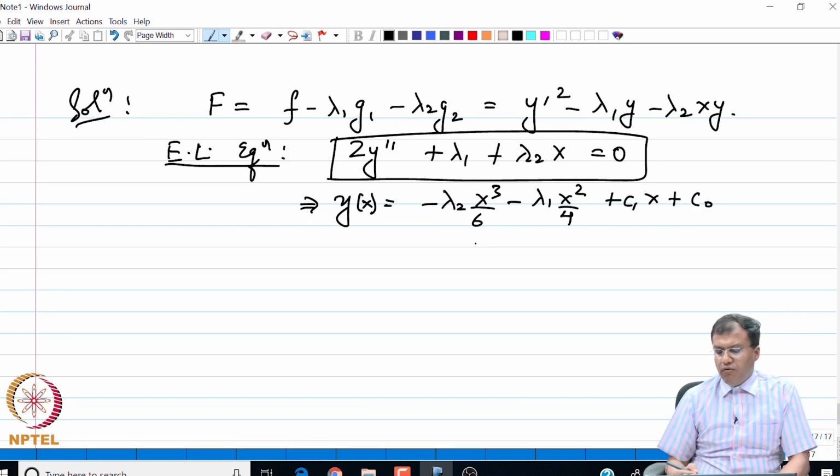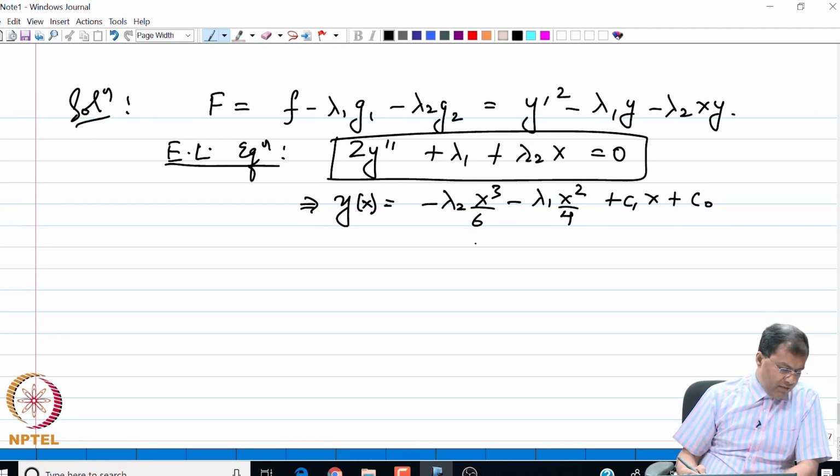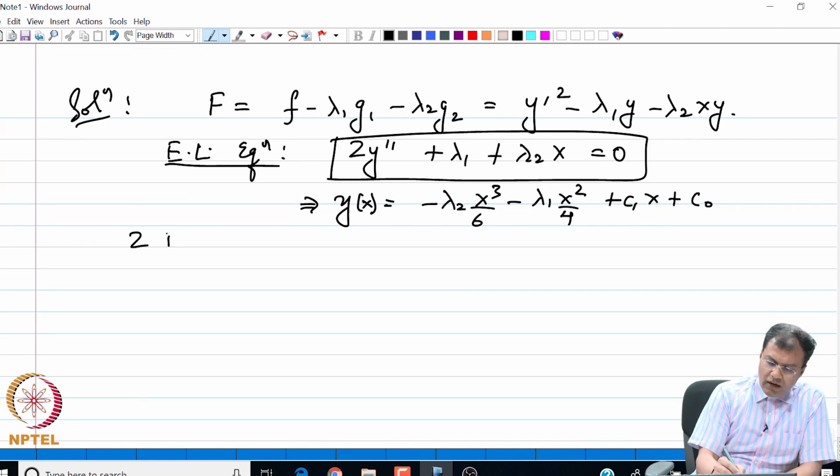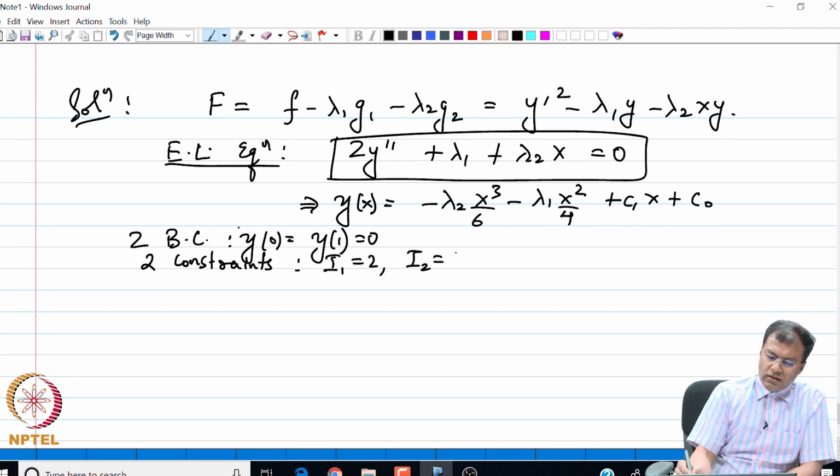So, we have 4 constants: lambda 1, lambda 2, c 1 and c 0. However, note that we have 2 boundary conditions given by y at 0 equal to y at 1 equal to 0, and we have 2 constraints: the first I1 is 2 and the second I2 is half.